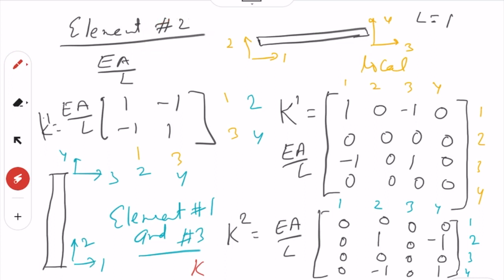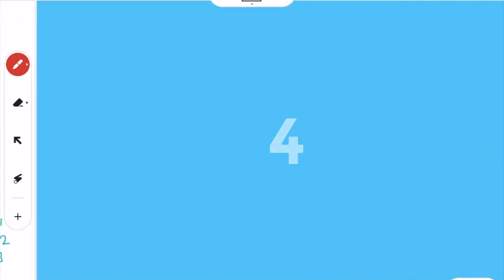So I will write K2 here, and this is element number 1, so I will write number 1 here. Yeah, this is number 2, and K3 is equal to K1. Okay. Now we have K1, K2, K3. Now K4 we have to find out.